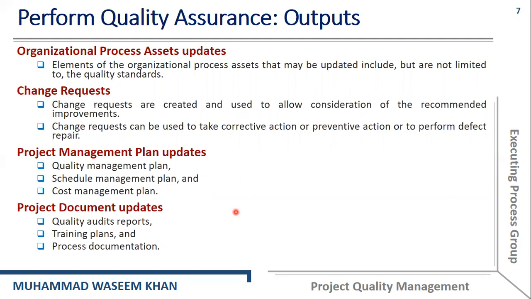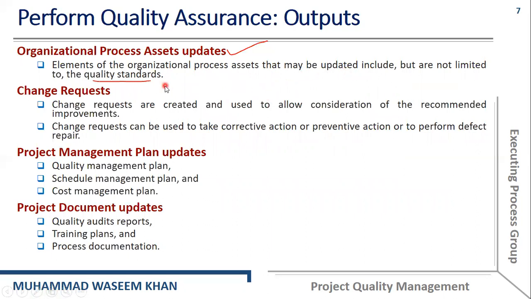Let's talk about the quality assurance outputs. So the first output is obviously the organizational process assets update. With performing the quality assurance, we can update the elements of the organizational process assets.